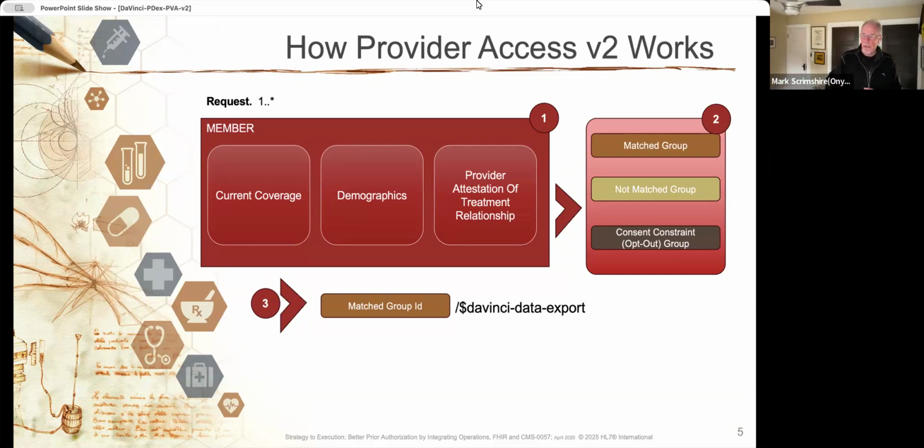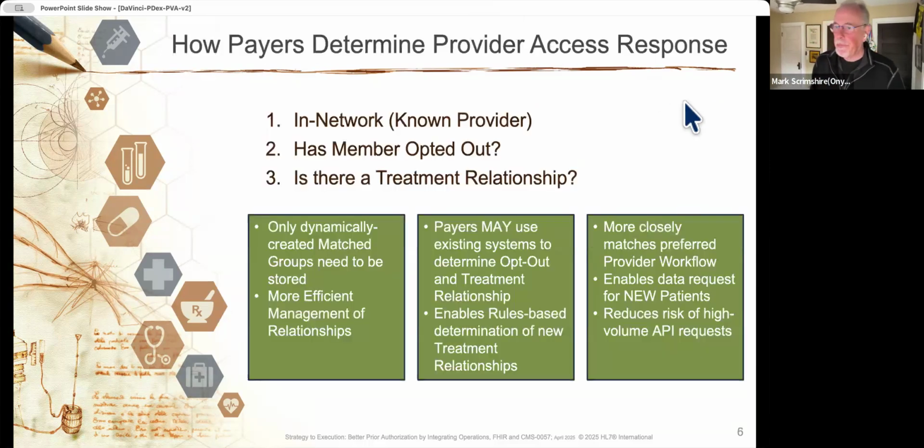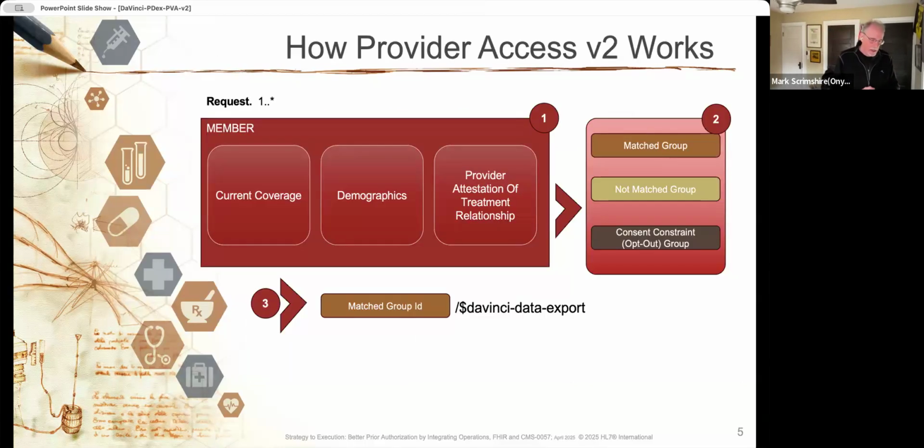It's also of particular relevance, I think, to the Blues. What can happen there is you can have a member who is on a plan in one state, but they live in another state, and therefore the providers in that state are not necessarily in network with the plan that they are homed with. And so the only person that really knows who's in the provider's roster is the provider.